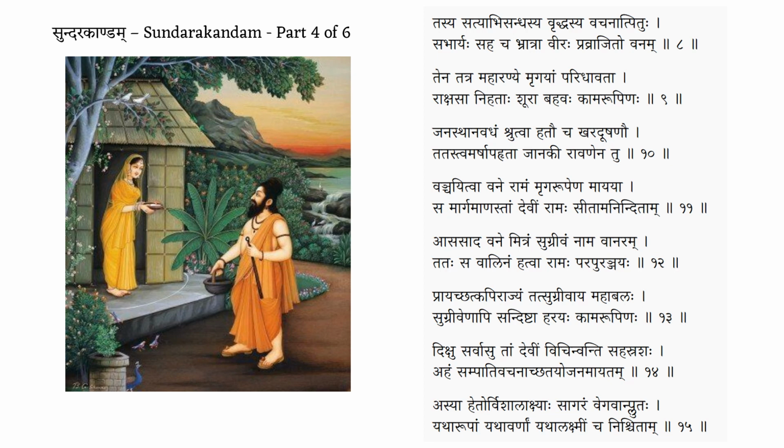Ramam mrugarupena mayaya vanchayitva apahruta Janaki. जानकी अपहृता रावणेन। रावणः जानकी देव्याः सीतायाः अपहरणं कृतवान्। मृगरूपेण मायया.